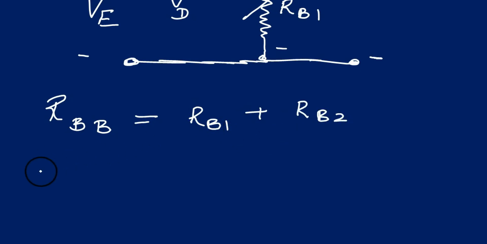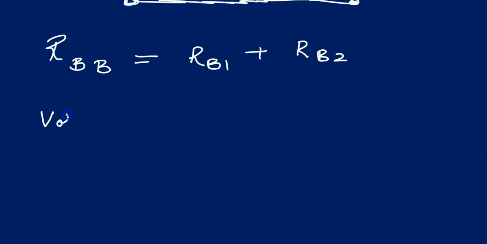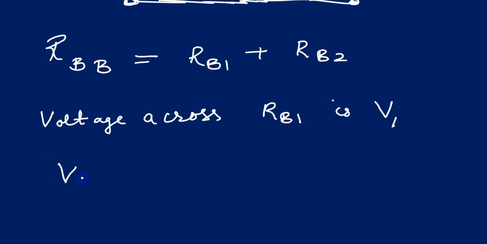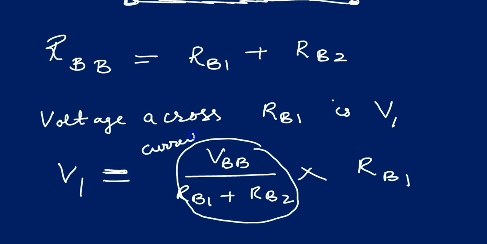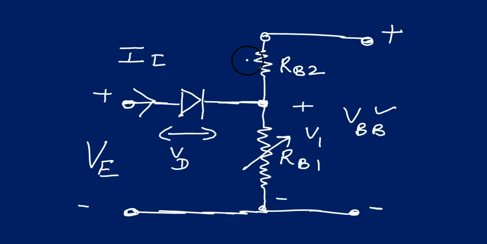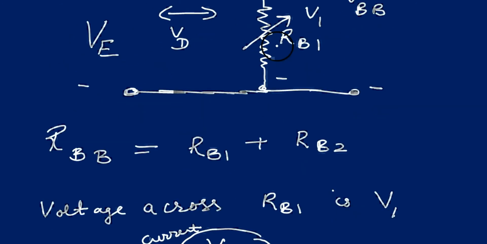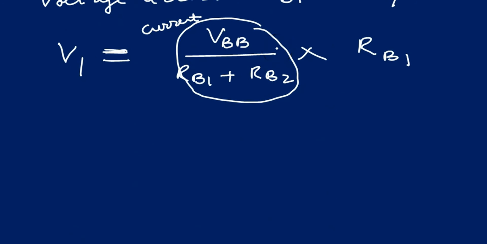RBB is made up of RB1 plus RB2. Voltage across RB1 is V1. First of all we find the current, VBB upon RB1 plus RB2. Current into resistance RB1 becomes voltage V1.